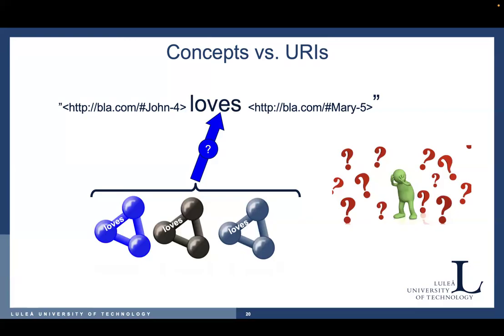And this means that you will have different databases that will describe different interpretations of this property. So they all will have the same label, love, but they might have different combinations of properties and relationship to other predicates.